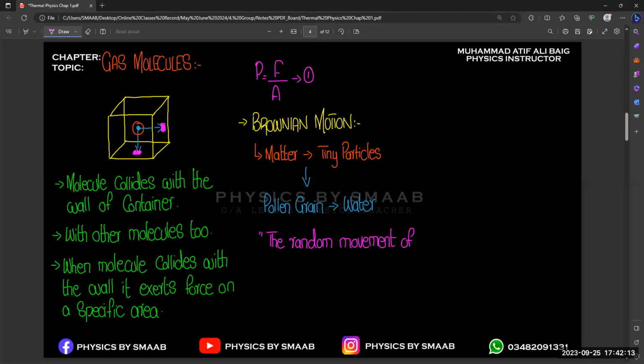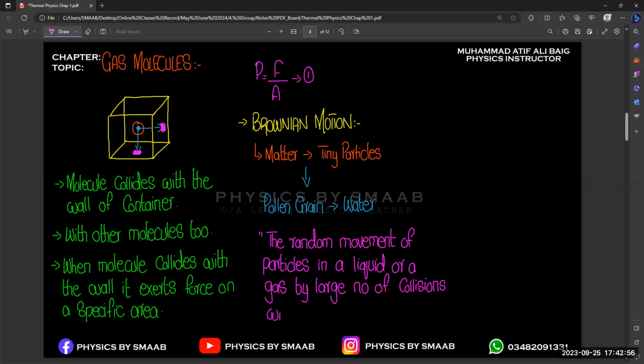the random movement of particles in a liquid or a gas, because solids are not able to move freely, by a large number of collisions with the smaller particles, right?